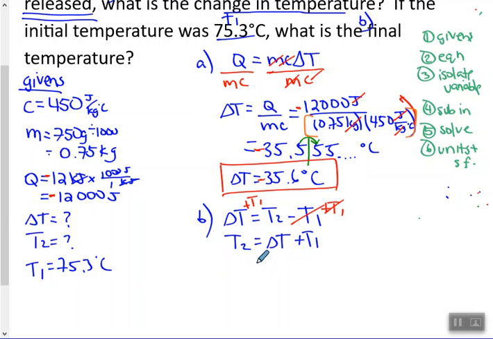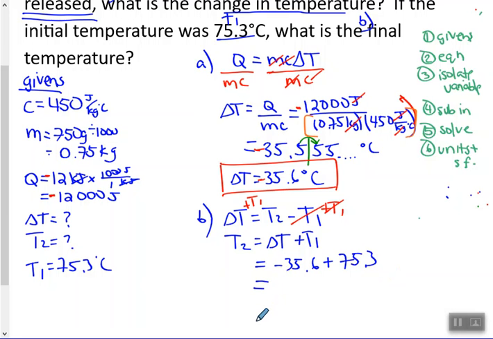So if you're doing things mathematically, you are going to get an incorrect answer. So our delta T is negative 35.6 plus 75.3. So our T2 is going to be the difference there.